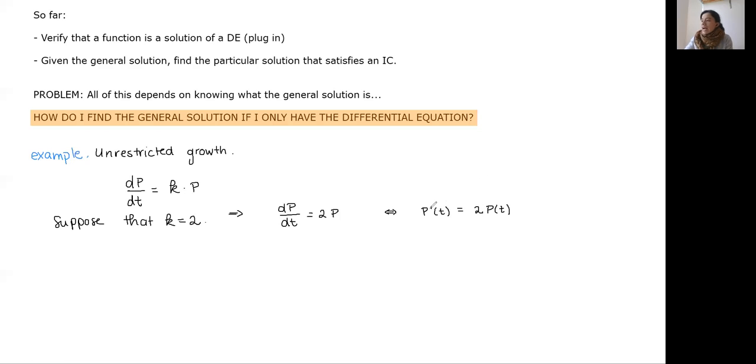So I have a function whose derivative is 2 times itself. What I want to ask you here is, does anybody have an informed guess about what my function P of T should be equal to? I'll let you think a little bit. A function whose derivative is itself multiplied by 2.